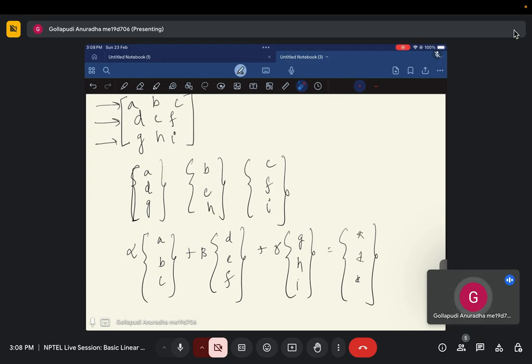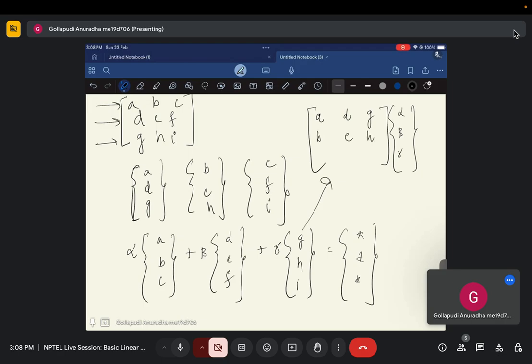So the same thing I can write like this. Basically this is just a transform of this matrix.